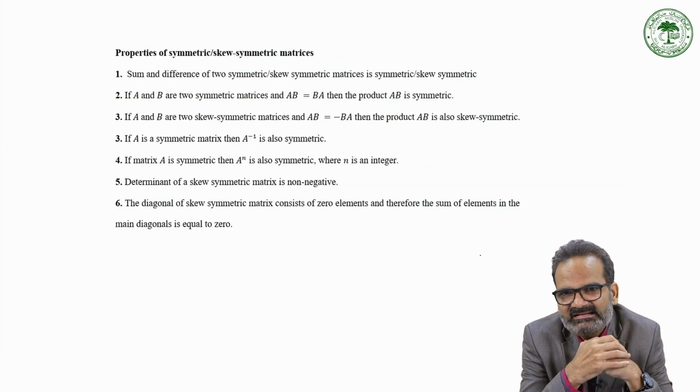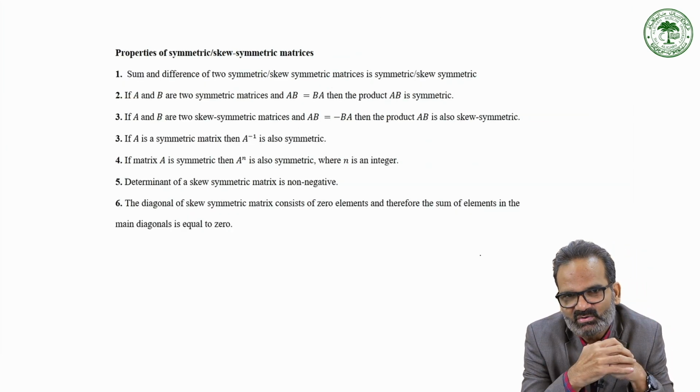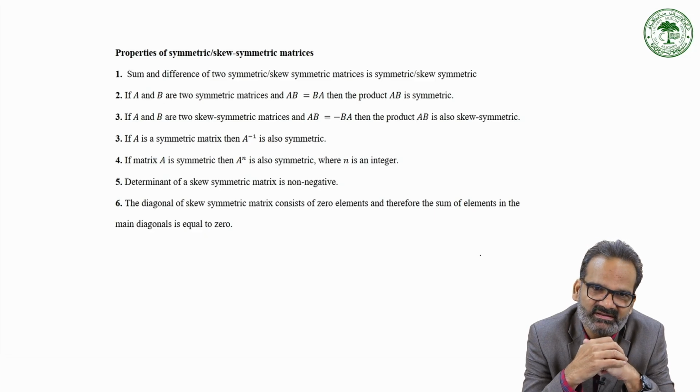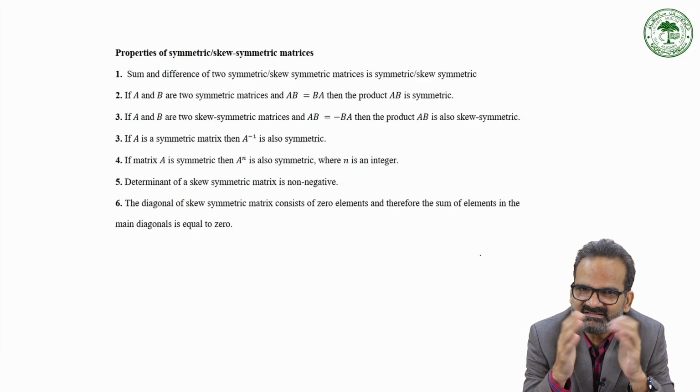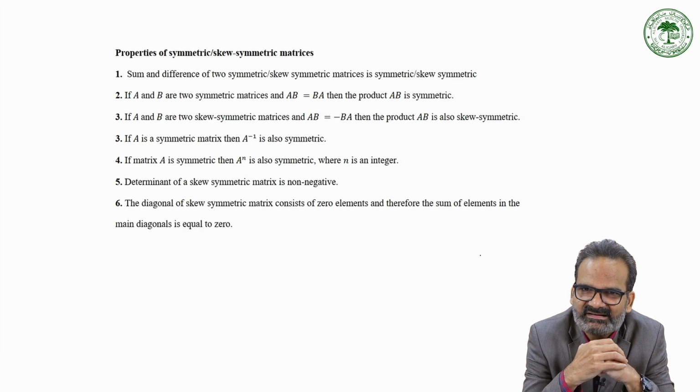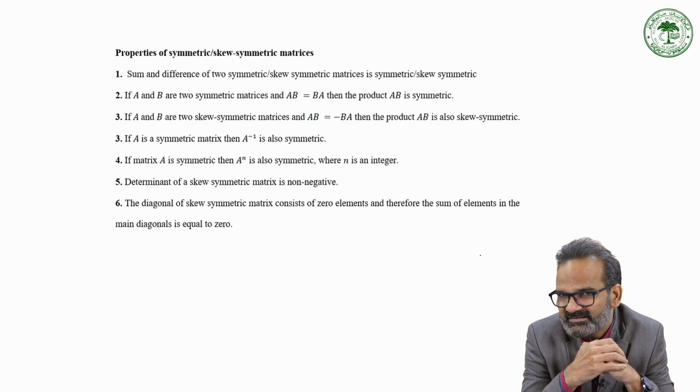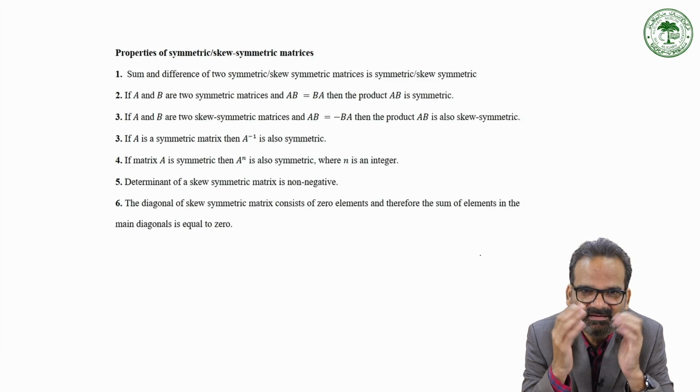So before proceeding to the numerical exercises or questions, let us have some basic properties of the symmetric and skew symmetric matrices. Property 1 is what? Sum and difference of two symmetric or skew symmetric matrices is again symmetric or skew symmetric. What does it mean?